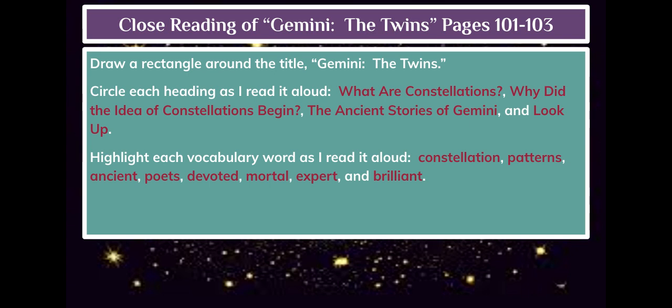Patterns are pictures, images, or designs made by repeated items. Say patterns. On a dark night, star patterns decorate the sky. Ancient. Ancient means very old. Say ancient. Ancient Greeks told tales about constellations.